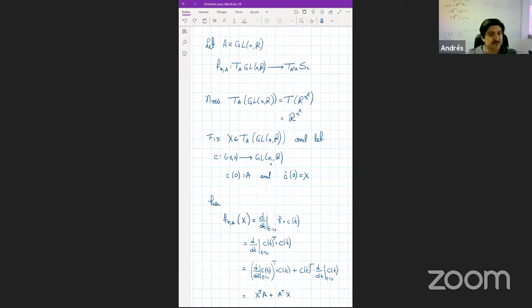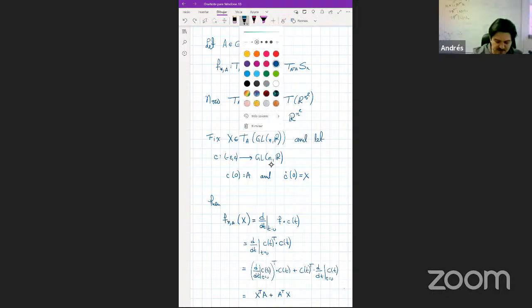And we get this, right? So right here, there's a mistake, right? I'm computing the derivative, but I'm also evaluating.